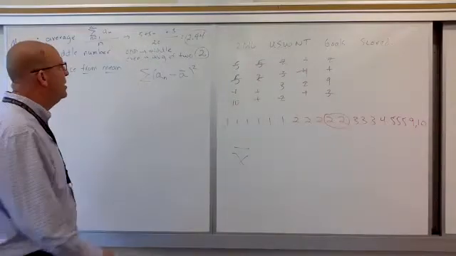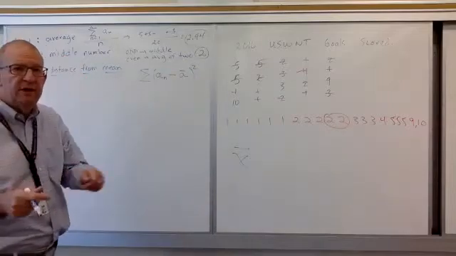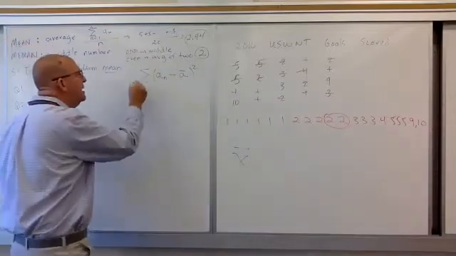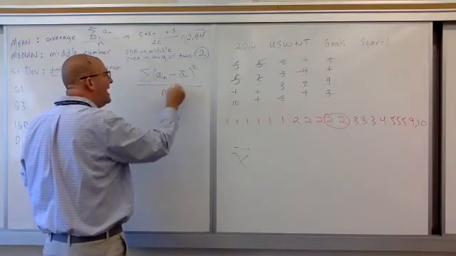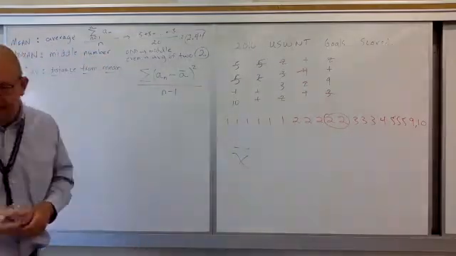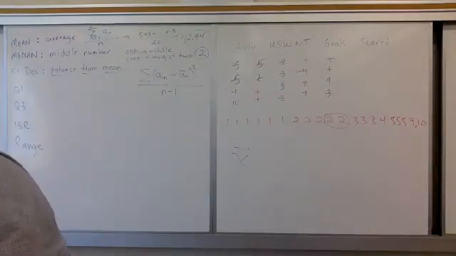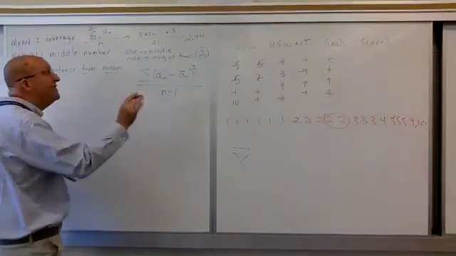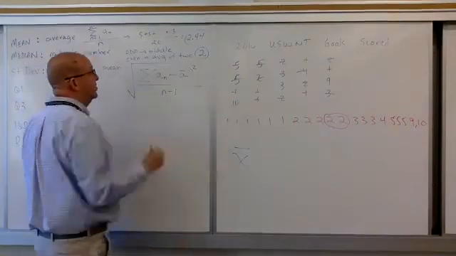We add all those up, but unlike the average, where we divided by n, this one we're going to divide by n minus 1. And I can explain that, but really not until chapter 7. And then when we're done with it all, we're going to take the square root.